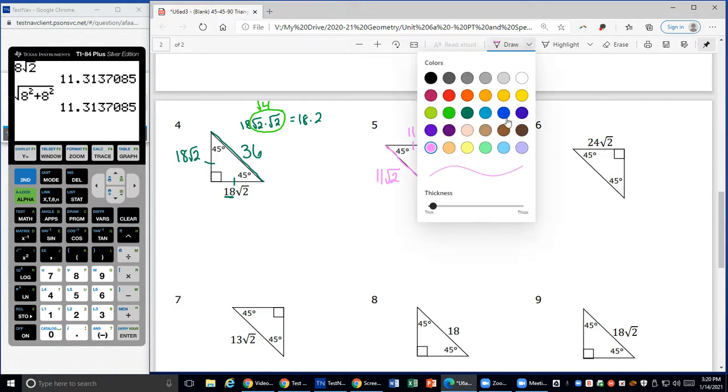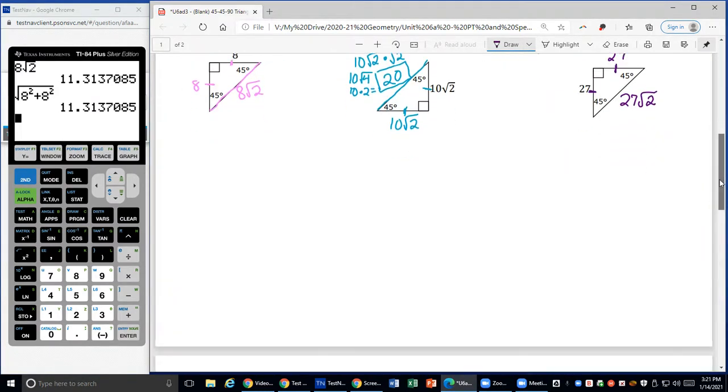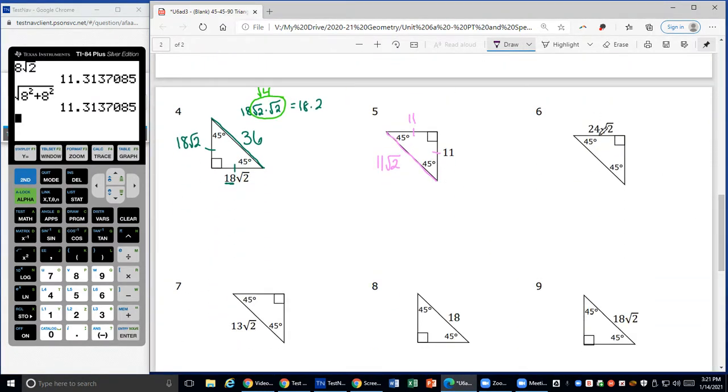So for the next one, I have, slid all the way down. My two legs are the same, so if one is 24 square root of 2, the other is also 24 square roots of 2. And then my hypotenuse, I take the 24 square roots of 2, and I multiply it by another square root of 2.